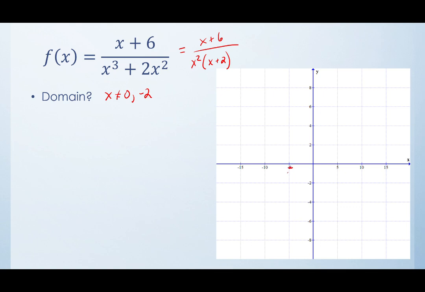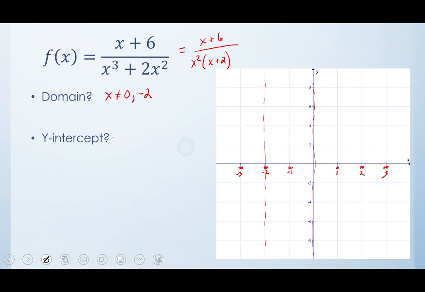Again, I'm going to change the scale here because I need it more stretched out. There are no holes, since there are no common factors top and bottom. So we're going to have vertical asymptotes at 0 and at -2.